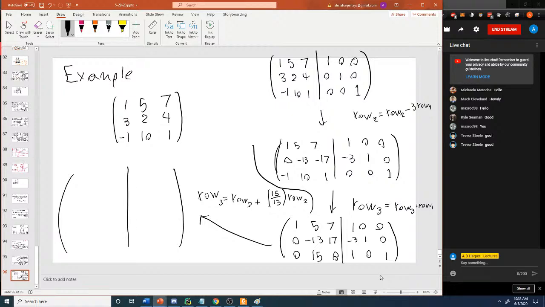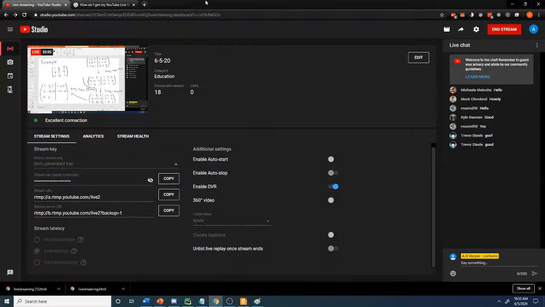So let's do it. The first 2 rows do not change, so I have 1, 5, 7, 1, 0, 0, 0, negative 13, 17, negative 3, 1, 0, and then here I'll have 0, 0, and then here will be 8 plus 15 times, actually let's just do this in Wolfram Alpha.